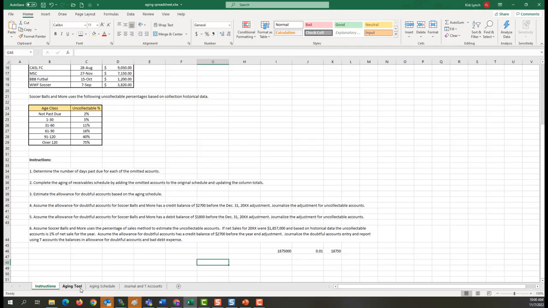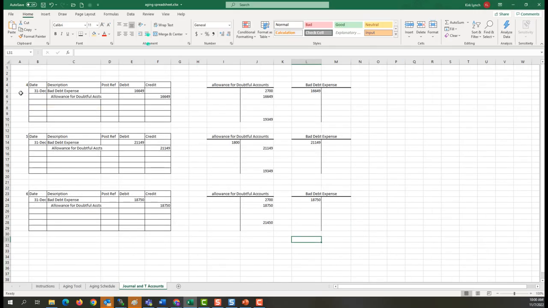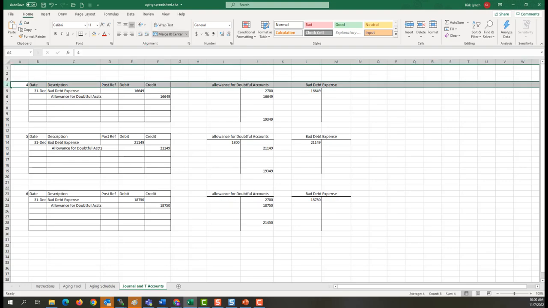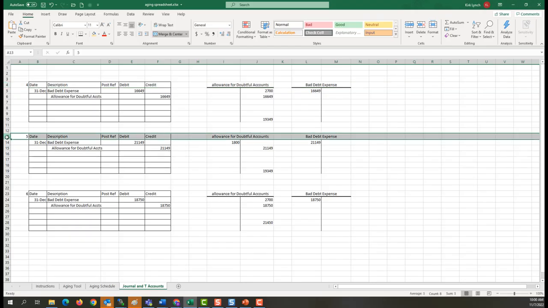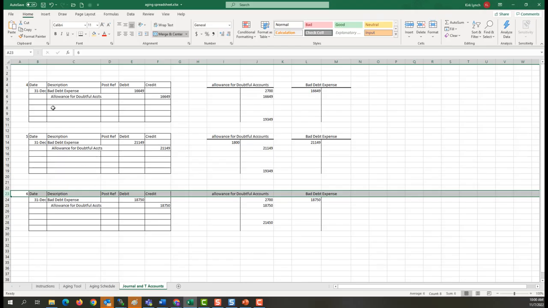But for you, that's not something to worry about. With the journal entries, when we had the analysis of accounts receivable with a credit balance, the analysis of accounts receivable with a debit balance, and then the percentage of sales method, the adjusting entries, the amounts are the ones that change based on the process that we use there.